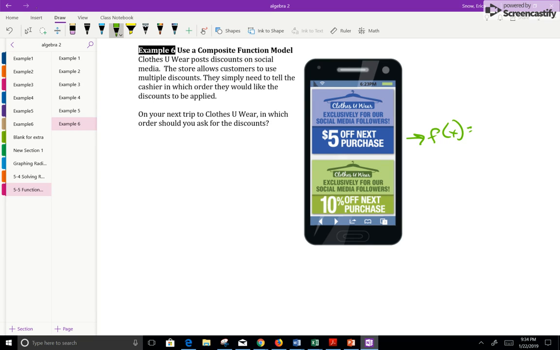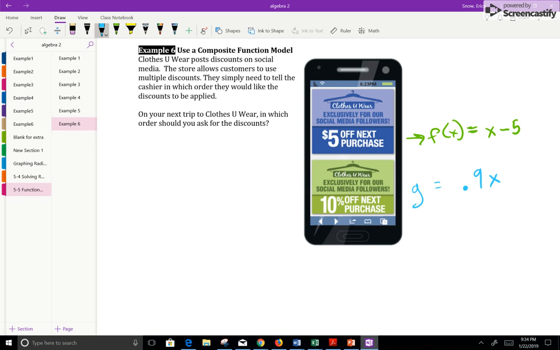And it's going to be how much we spent minus $5. And then this is going to be 10% off. So we're going to call that 0.9 of how much we spent. Because if we spend $100, we're going to pay $90 because we get 10% off. So we're paying 90%.